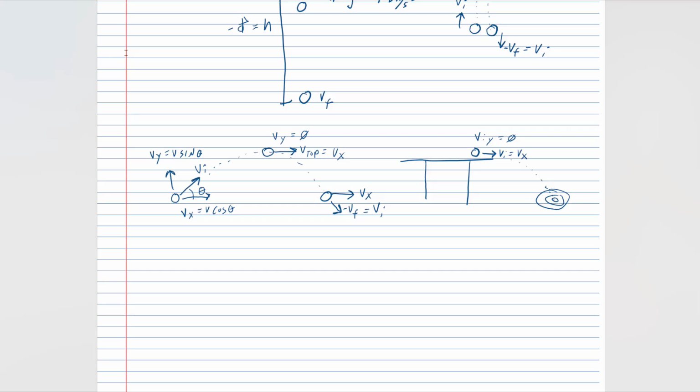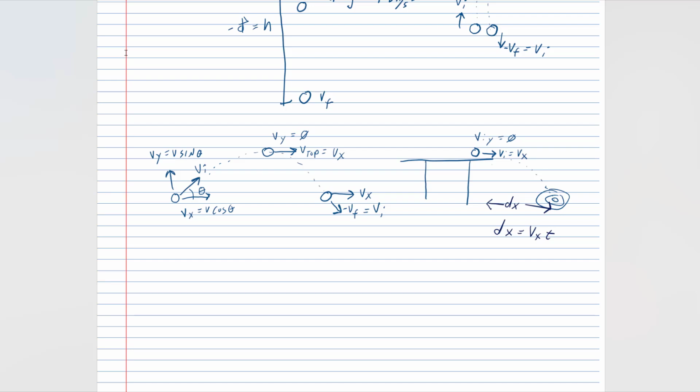And so let's look at some other things here. How far away this guy lands from the table, that's going to be his dx, right? And there's no acceleration in the x direction, so dx is always going to be Vx times the time. And how do we get the time?